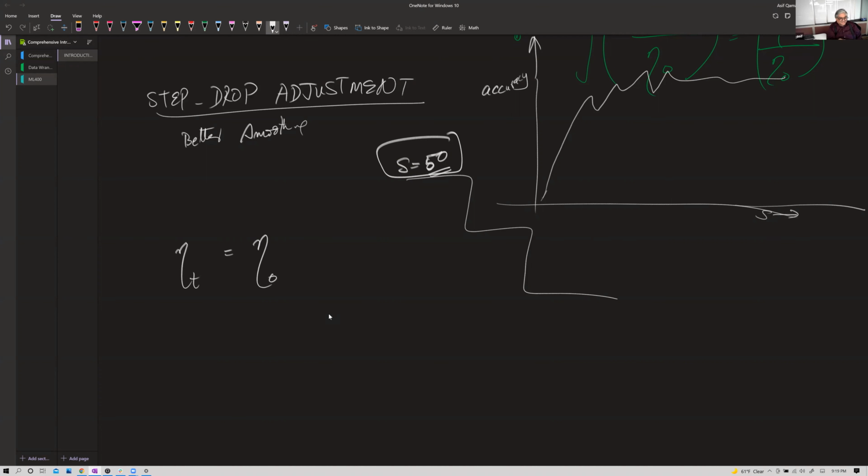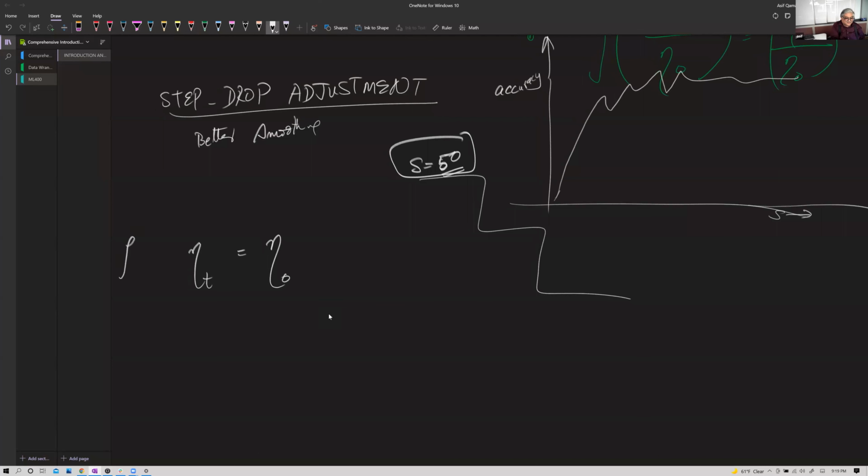These are just notations, and you still have your gamma, but the exponent of gamma is not t, it is t divided by S.